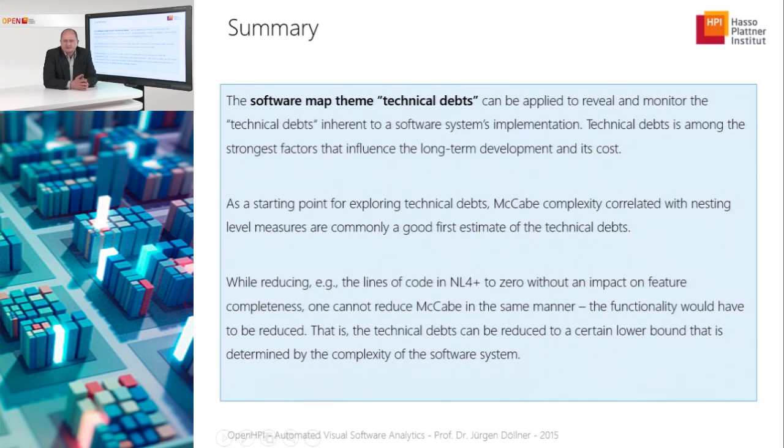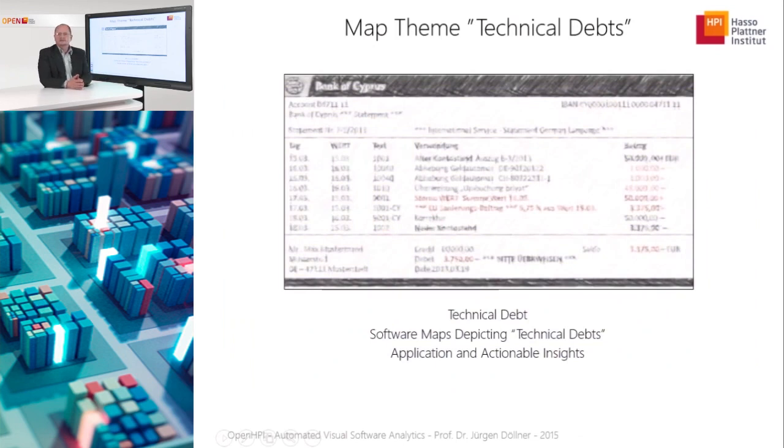With software maps that show technical debts, however, we can easily and directly identify and then monitor and observe those modules that are estimated to have a high degree of technical debts. This concludes the part about the map theme technical debts.